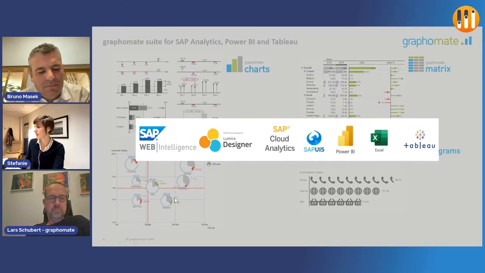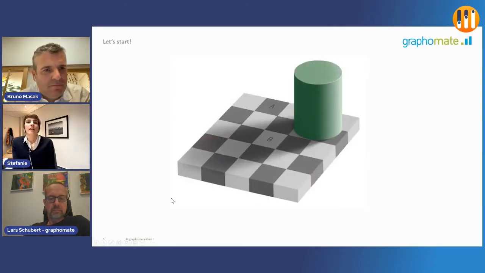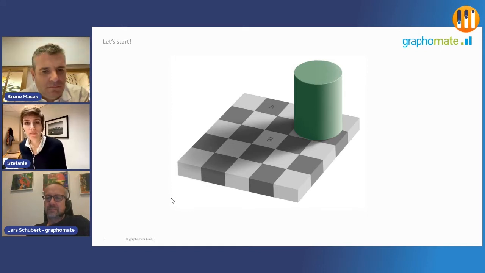Now I need your attention back because you need to look very closely at this picture. You can see a checkerboard, and we have two squares with the letters A and B. I want to know if the color of the squares is the same.